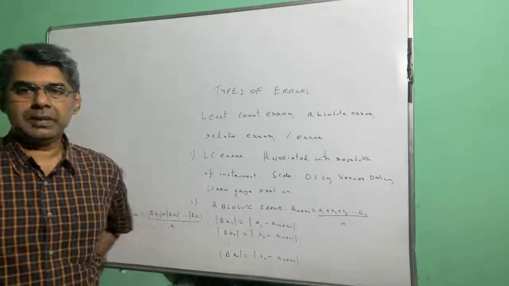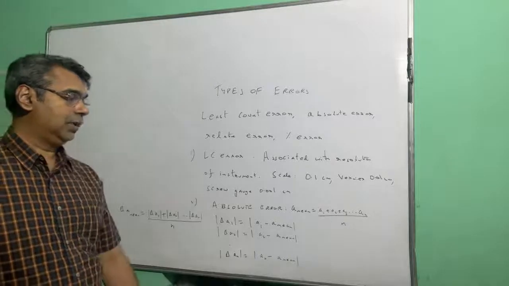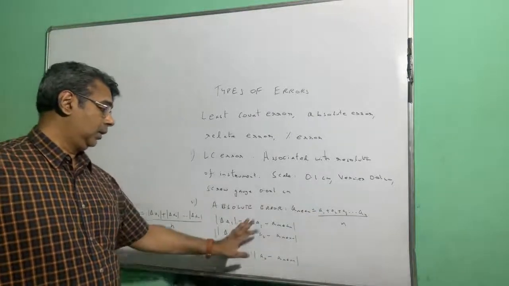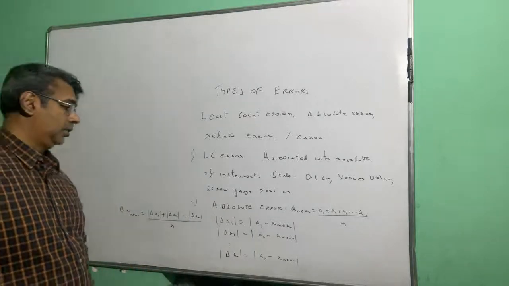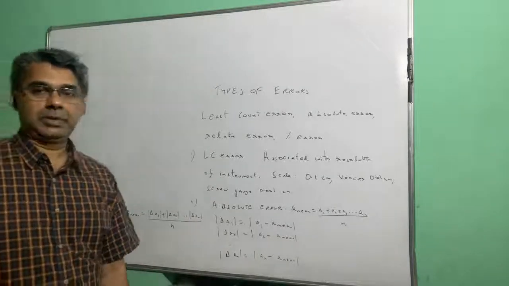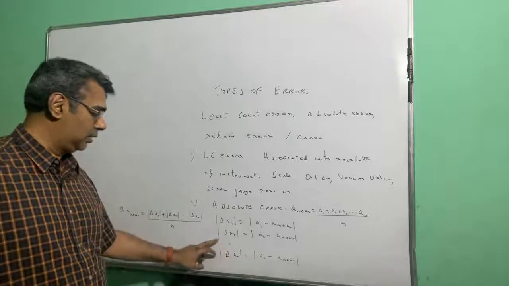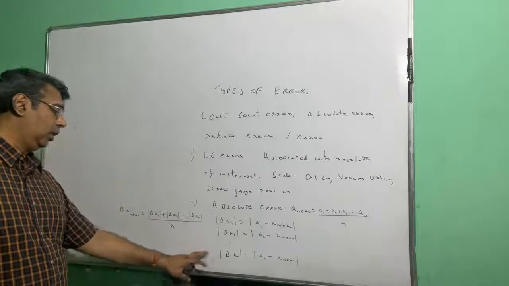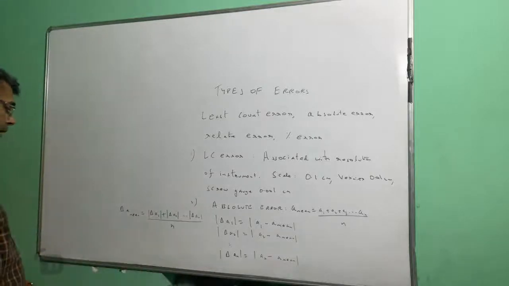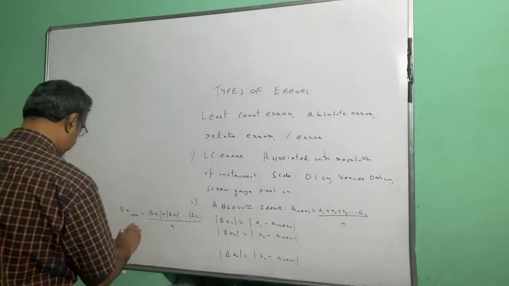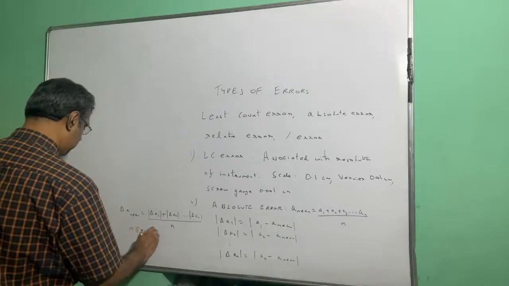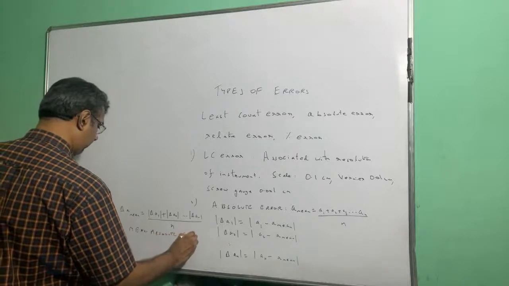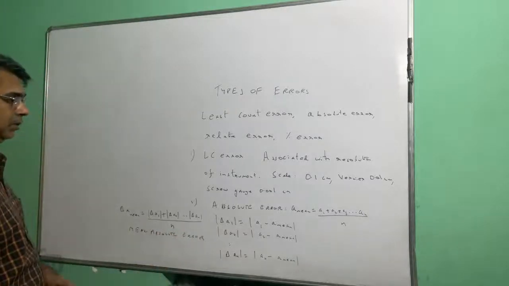You are taking the absolute value of the difference of A1, A2, A3 from the mean, and each of these is called the absolute error. So you have so many absolute errors, and then you take the average of them. This is called the mean absolute error.